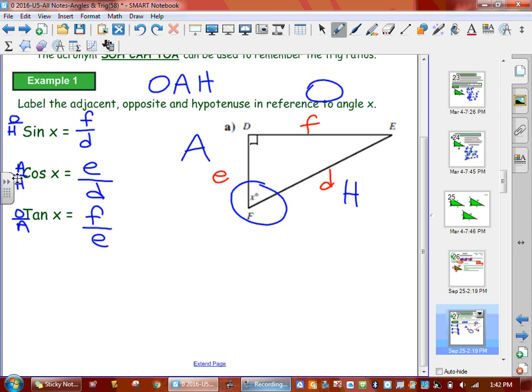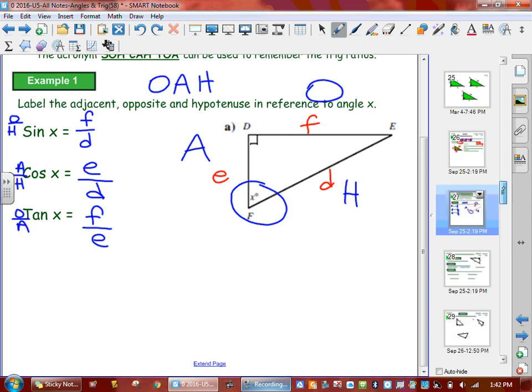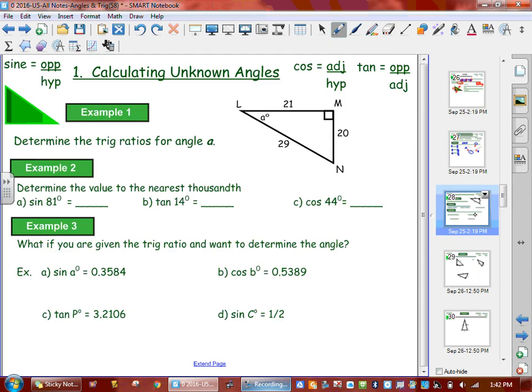So this is the first part. You label everything. You identify what your equation is. Now you plug the numbers in when they give you a number here and there. So let's try the first couple. We're going to find some angles here. One of the first things you have to remember when we're finding angles is we need to use the second button.